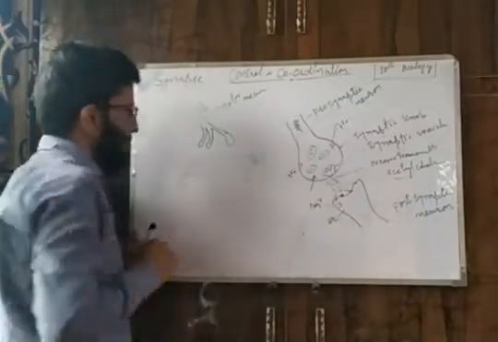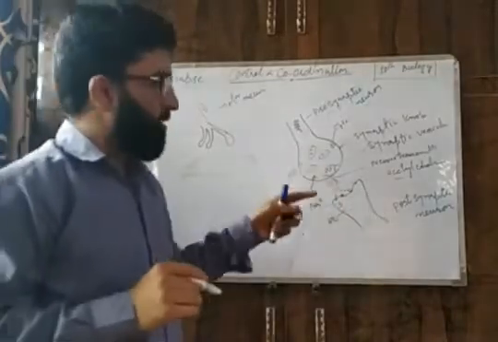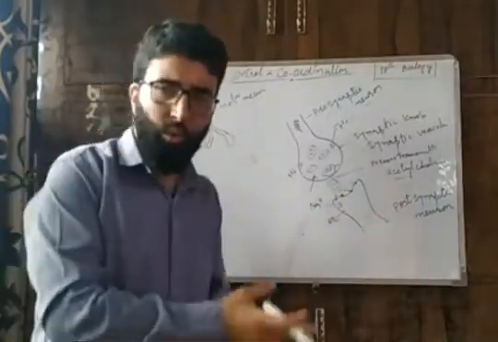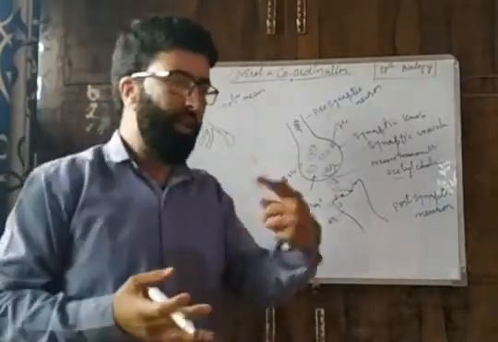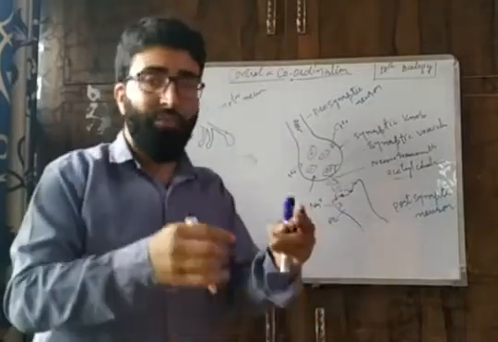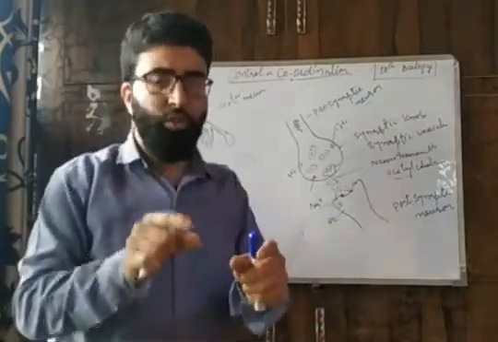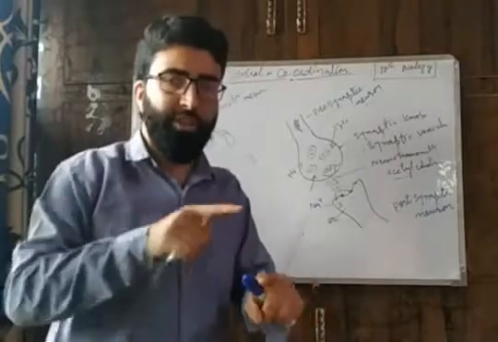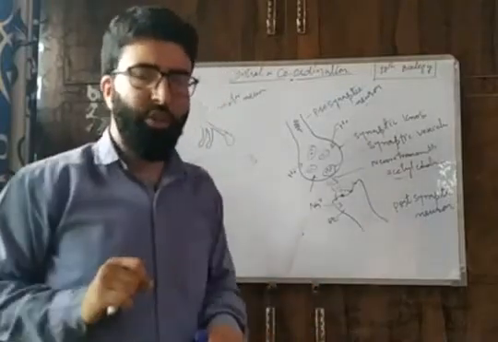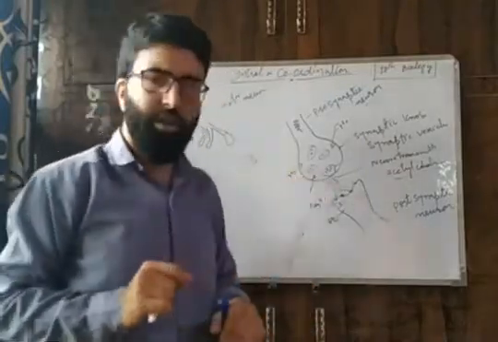The same process occurs in all junctions, as I told earlier: in the neuromuscular junction, in the neuroglandular junction, or when a receptor receives the stimulus and passes it to the dendrites of the sensory neuron. Same process occurs in all.